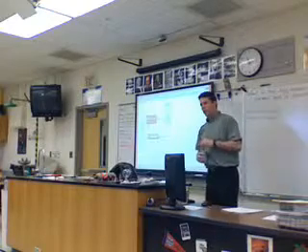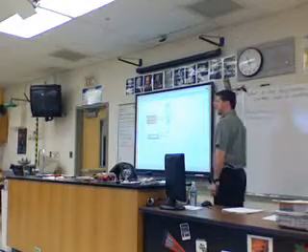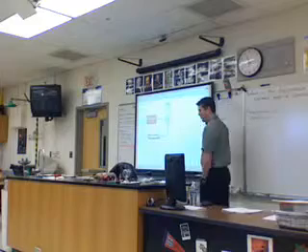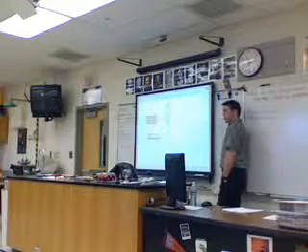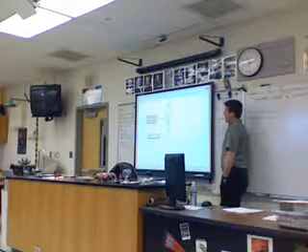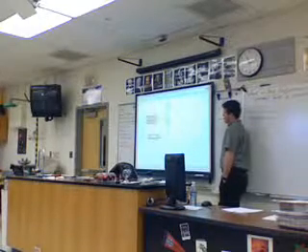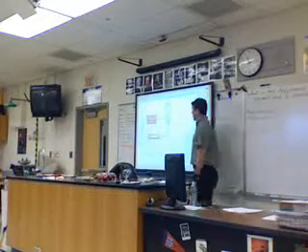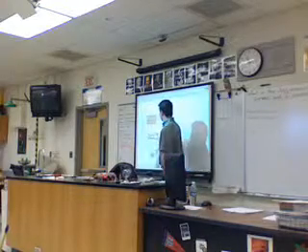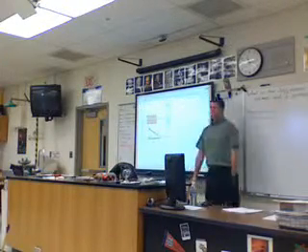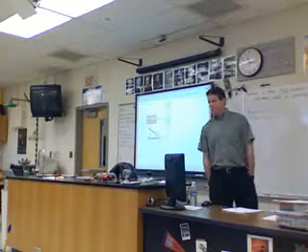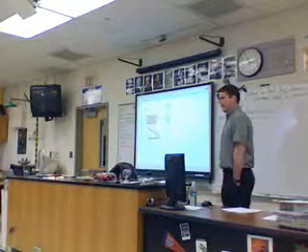A circuit, then, is a complete path for the flow of electrons. That'd be your definition for a circuit. A complete path for the flow of electrons. Do I have a complete path now?